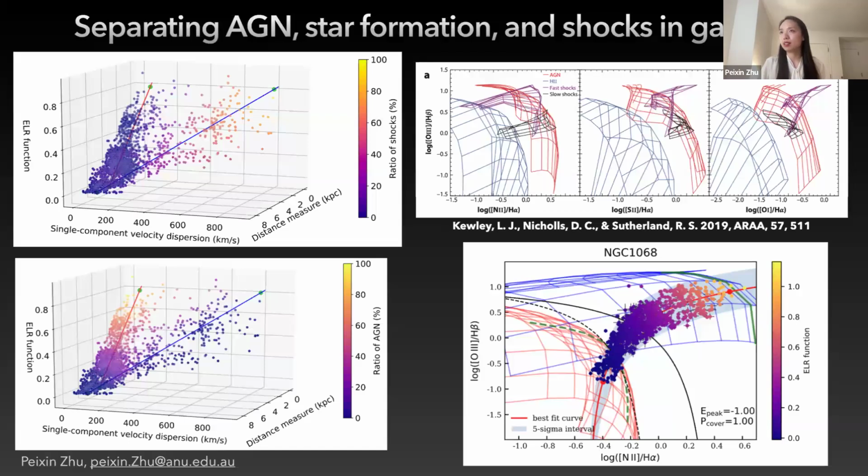So there are new techniques to distinguish these shocks from AGN activity and star-forming activity, which is a new 3D diagram. The left panel shows these new 3D diagrams. These diagrams are based on the 2D diagram shown in the bottom right, but combined with one more piece of information, the velocity dispersion.